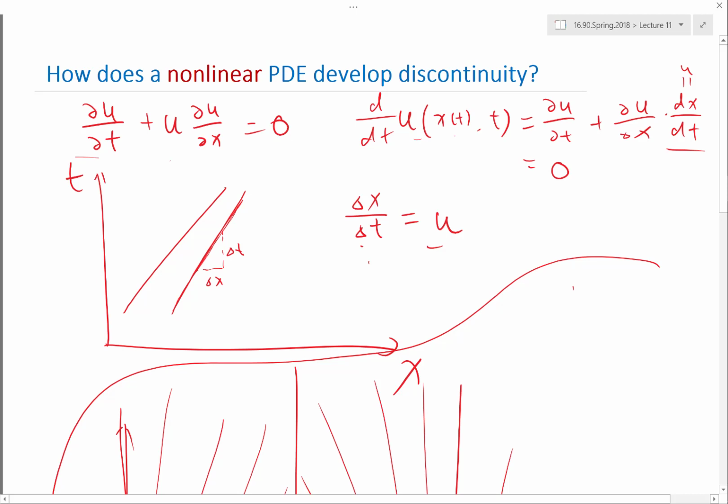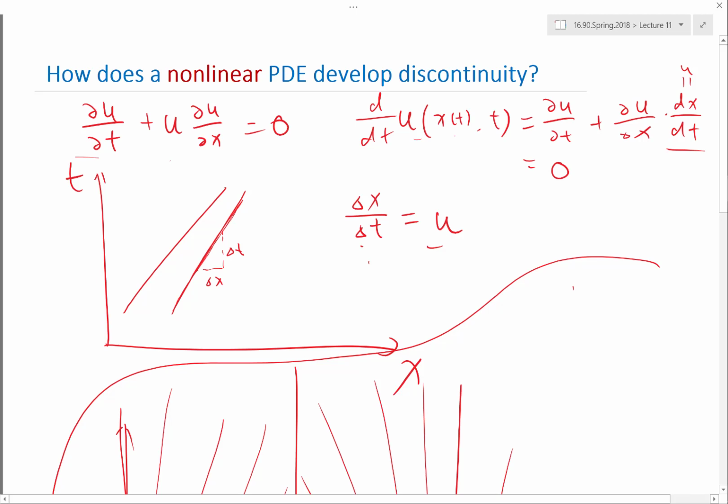Why is the t on the y-axis? Because we are looking at a space-time diagram of how the solution evolves. Yeah, but if you're looking at the slope of dx over dt, shouldn't it be x at time?